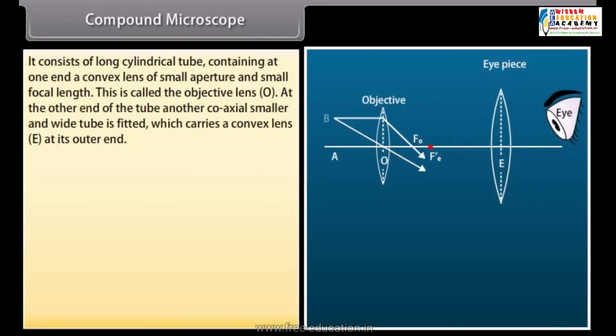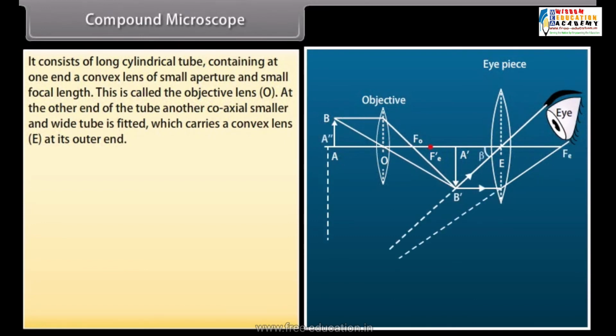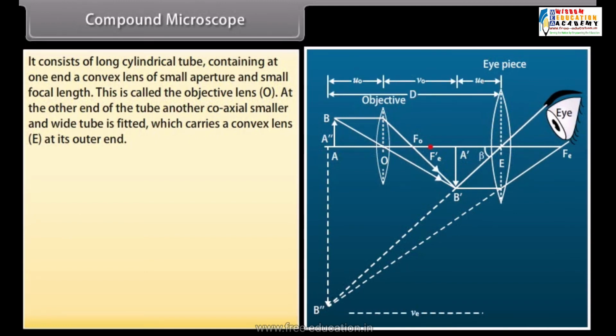Compound microscope. It consists of a long cylindrical tube containing at one end a convex lens of small aperture and small focal length. This is called the objective lens O. At the other end of the tube, another coaxial smaller and wide tube is fitted which carries a convex lens E at its outer end.